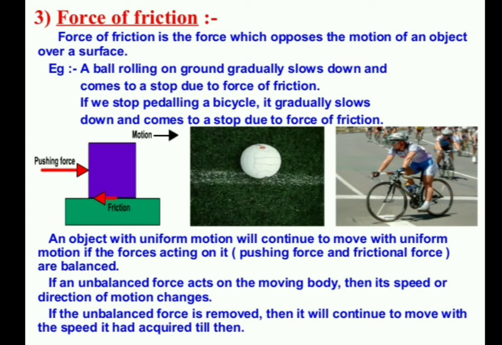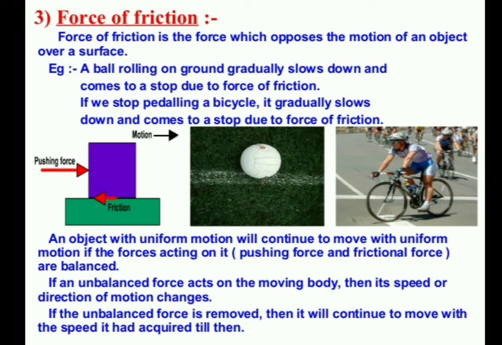The road applies force in the opposite direction and the wheel is moving in one direction. So two forces are acting in opposite directions, and gradually the bicycle slows down. Okay, is it clear, my dear students? Very good. I think you are very happy.